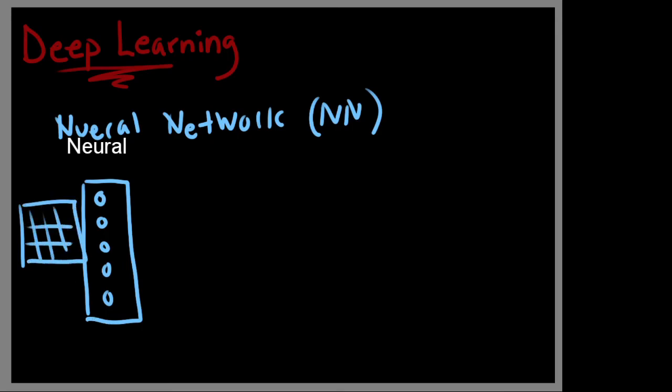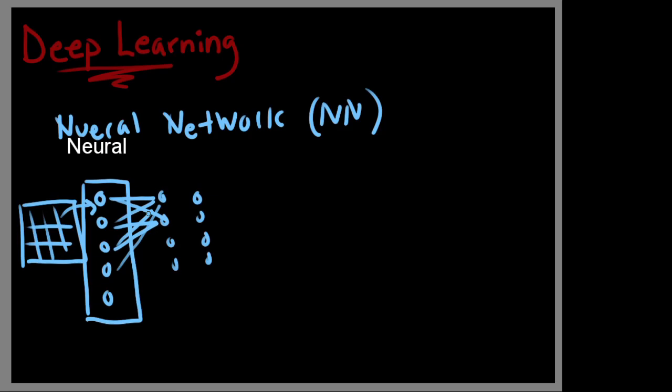If it's a grid of pixels, these pixels get mapped into individual neurons. Then you'll have successive layers of hidden neurons, and these will be wired together like this, where each neuron gets wired to every neuron in the next layer. So you can imagine that it's this very complex mess of wires.